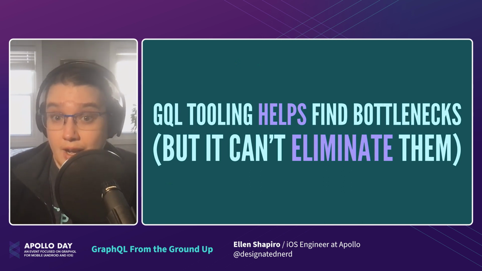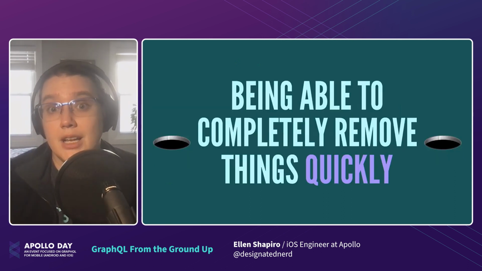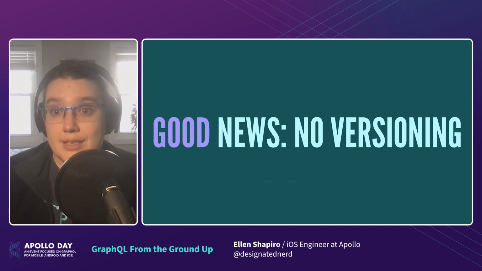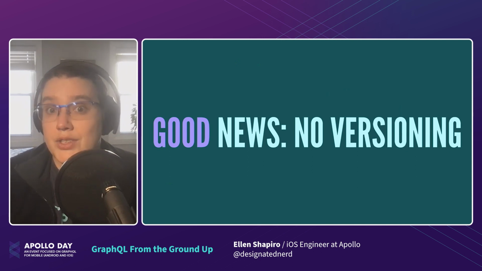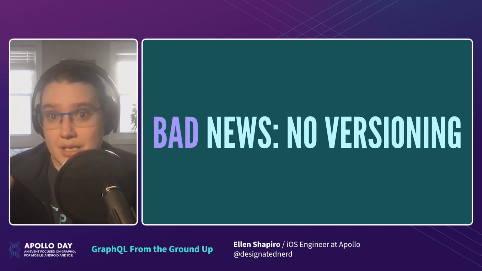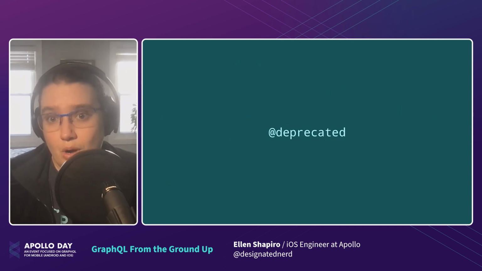Speaking of trade-offs, while adding stuff to GraphQL is way easier, it's much harder to completely remove things, because while the ability to add things to the schema and the availability of anything in the schema to anything querying it means that versioning isn't necessary, it also means that versioning isn't really meant to be done with GraphQL. So how do you remove things? Because there may be clients that are relying on the fields that are in the schema that can't be changed. You always have to start by deprecating the fields in the schema before removing them.